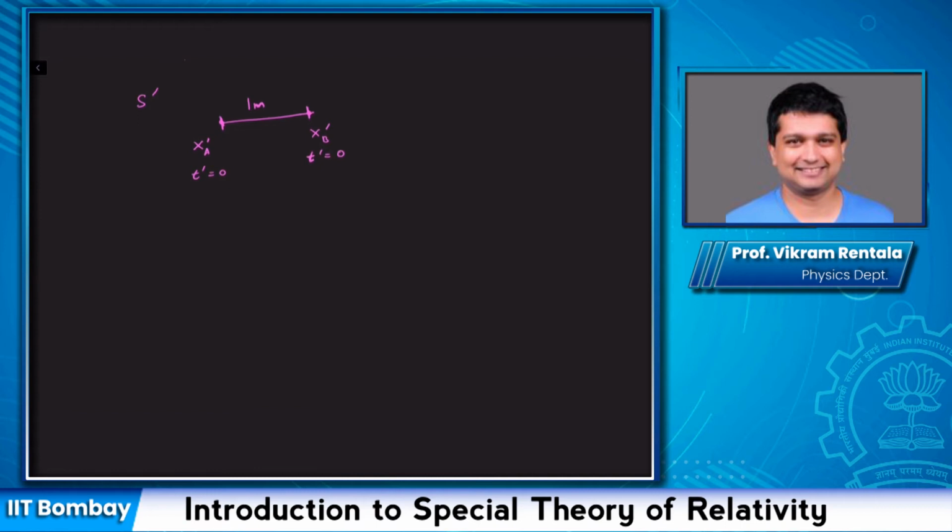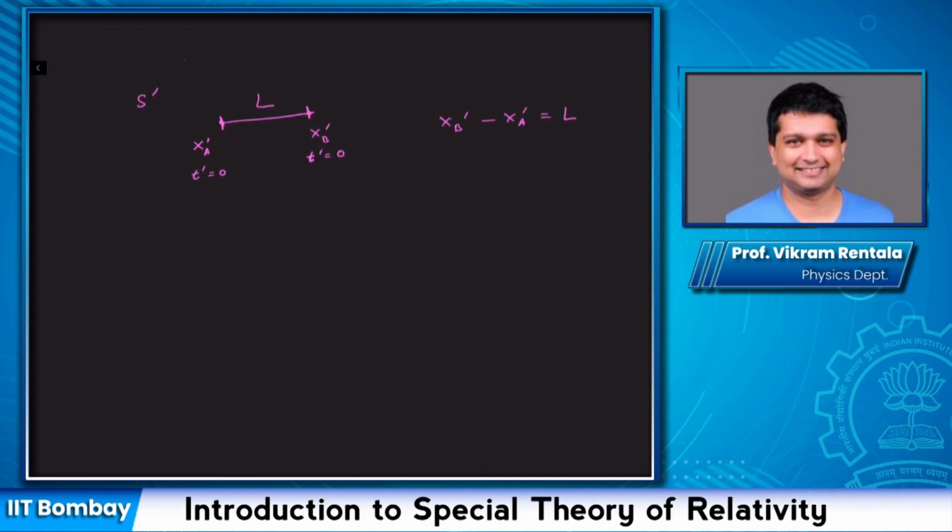So in general, let's suppose that this length is L, and therefore XB prime minus XA prime is L. Now let's ask, what is the length of this rod as seen by the ground observers?